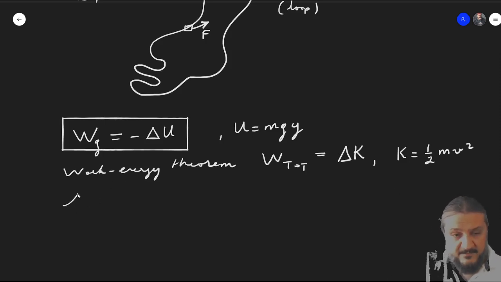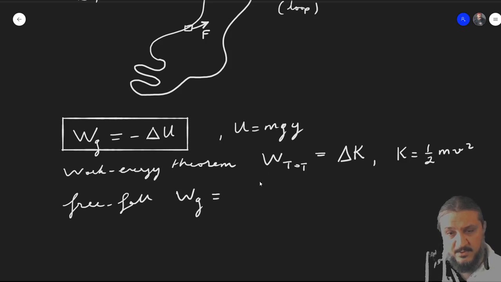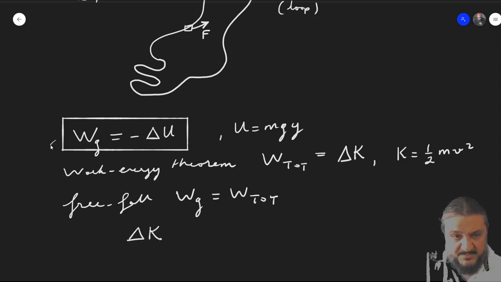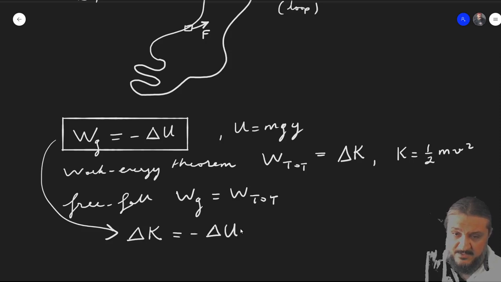So for free fall, work done by gravity is the total work. So that's equal to the change in the kinetic energy. So I'm rewriting this equation, but I'm replacing Wg by W total, which is delta K. So delta K is equal to negative delta U. Okay, a very important relationship.